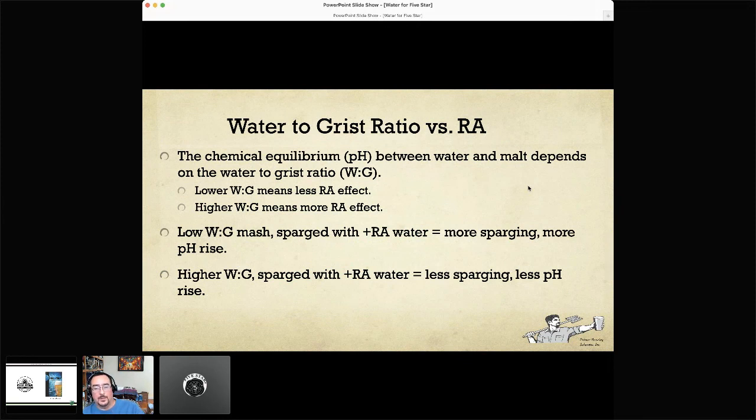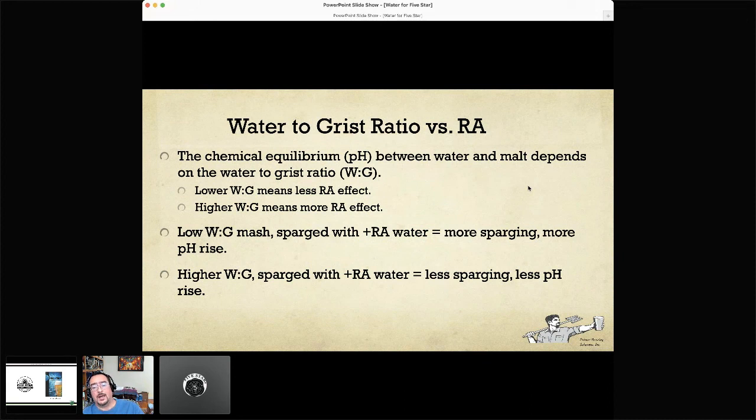And one thing to think about is that when you're planning your mashes and your sparges to get the wort that you want for your beer, a lower water to grist ratio in the mash translates to a higher first runnings gravity, but you're going to have to sparge with more water to get your total boil volume typically.